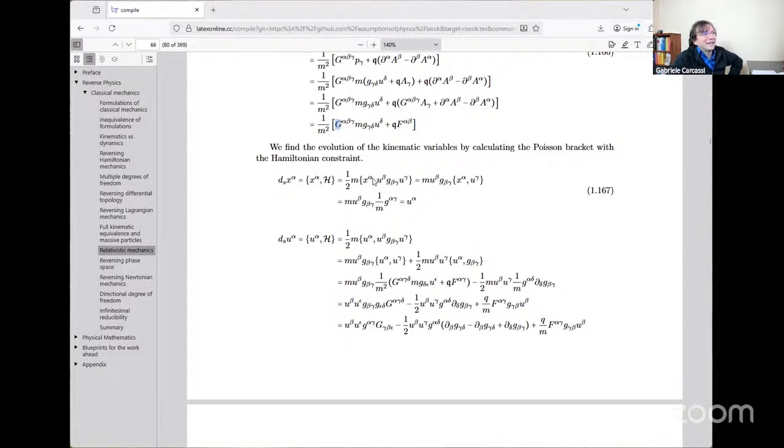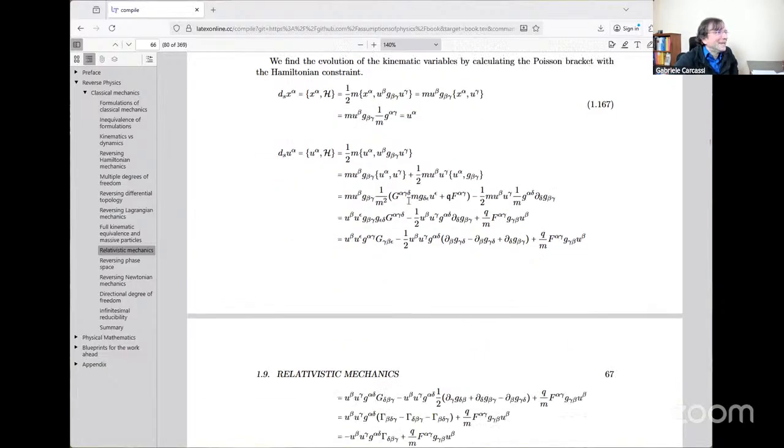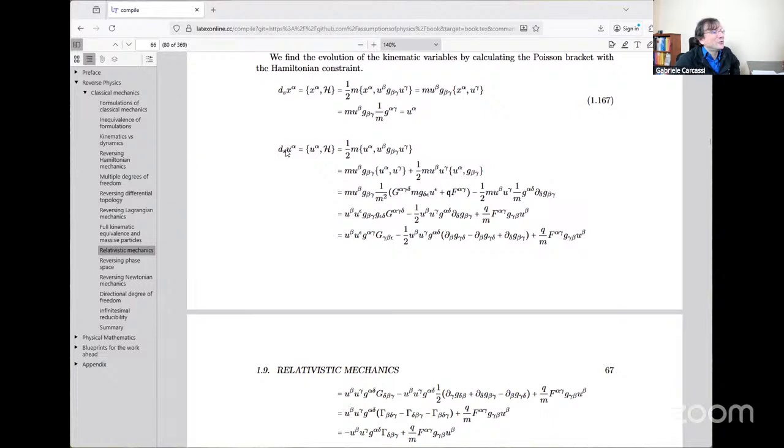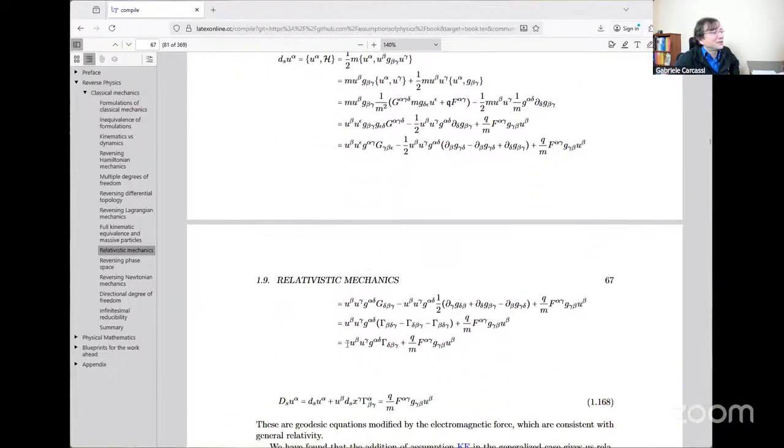Since we already calculated the Poisson bracket between the position and velocity, and the constraint is written in terms of position and velocity, this calculation becomes very easy, and you get what you would expect: the change of the position with respect to the affine parameter is the four-velocity. And then when you calculate the change of the four-velocity with respect to the affine parameter, you have this big calculation that leads you to this result.